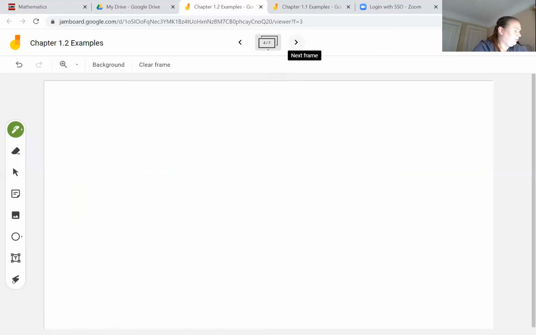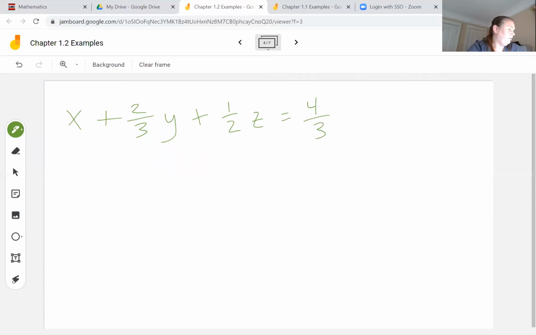So we can do our final solution here using that first row back to an equation, x plus 2/3 y plus 1/2 z equals 4/3, and then plug in our values. And those were z equals 2 and y equals -1. So we're going to have x plus 2/3 times -1 plus 1/2 times 2 equals 4/3.